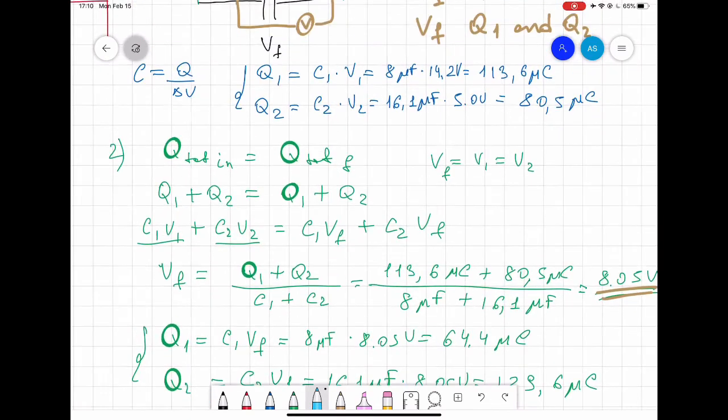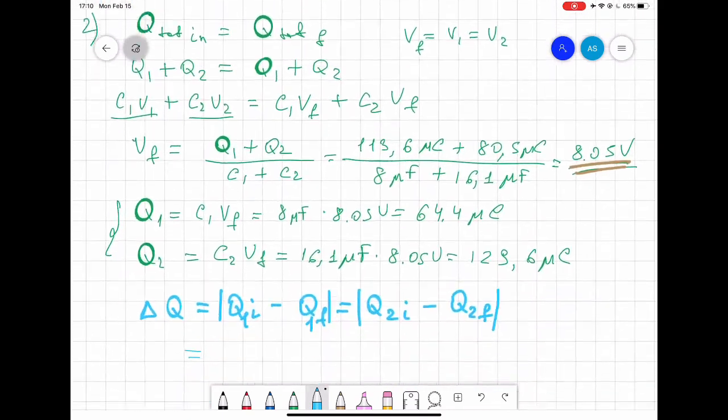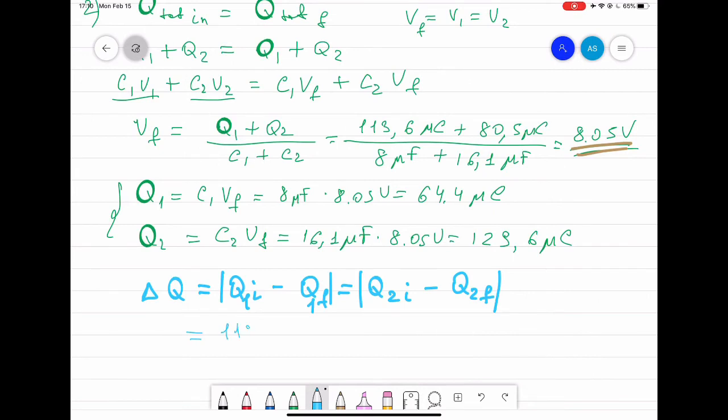Q1 was 113.6 microcoulomb minus Q1 final, which was 64.4 microcoulomb. Let's do the subtraction: 113.6 minus 64.4 gives 49.2 microcoulomb of charge moved from one capacitor to the other.